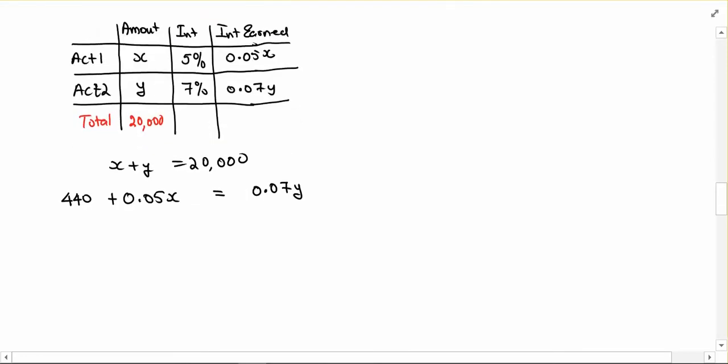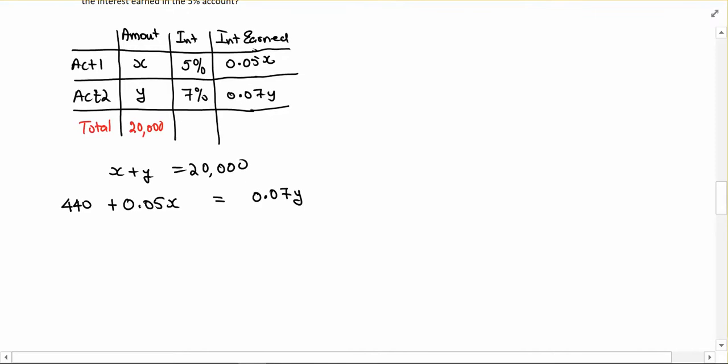So we can use either the addition method or the substitution method to solve this. I'm going to go with addition. So to get the addition method going, I've got to get all my x's and y's to one side here. So that means I'm going to subtract 0.07y from this second equation, and so that takes me to here. And I need to move the 440 to the other side, so let me do that.